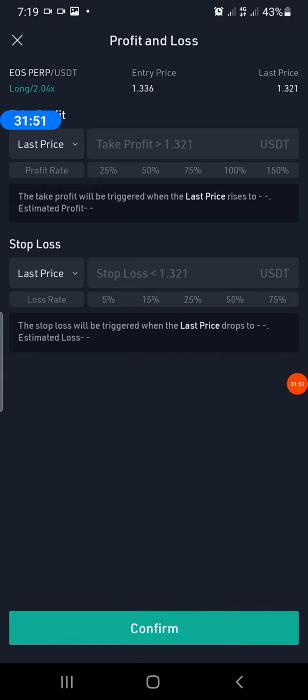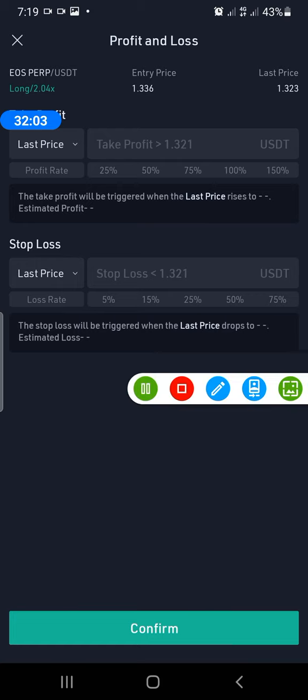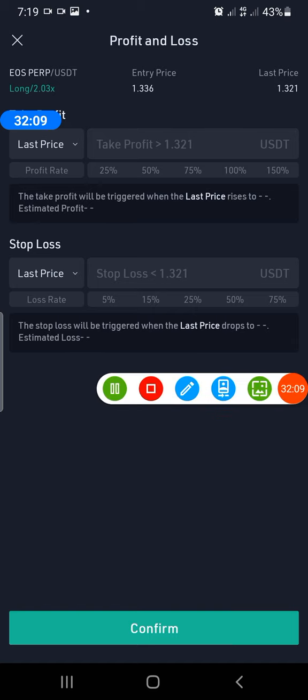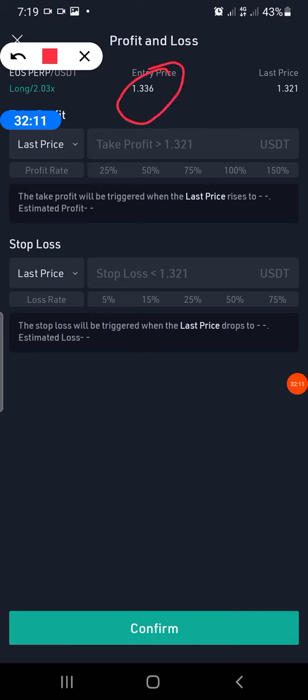This is my take profit area. This is where you can configure your take profit. Example, you want this price. This is your entry price. You can see your entry price here. You can see your last price, let me say current market price, here.